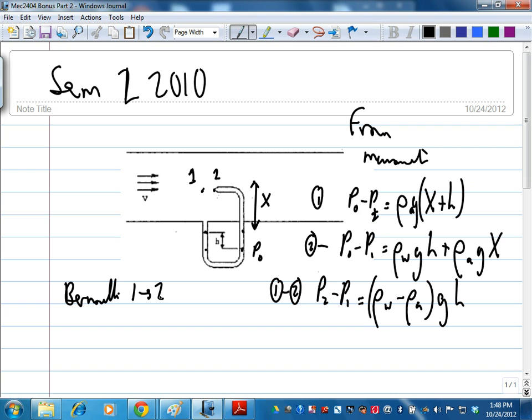You're told here H is 6 cm, so you can work out, with rho water 998 and rho air 1.23, P2 minus P1 equals how many kPa. And then Bernoulli from 1 to 2.